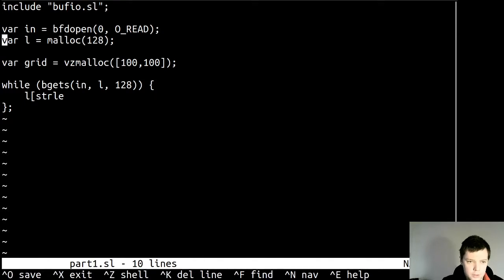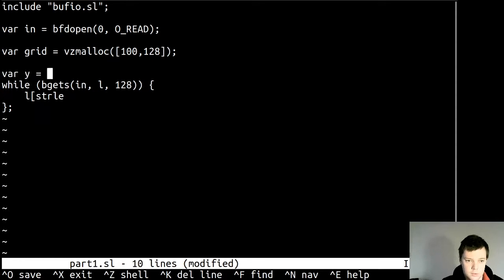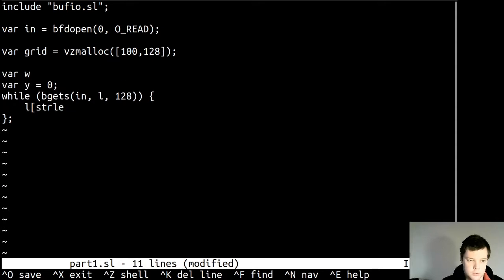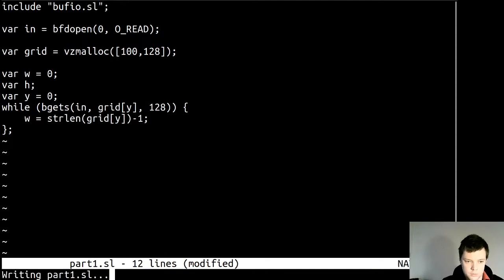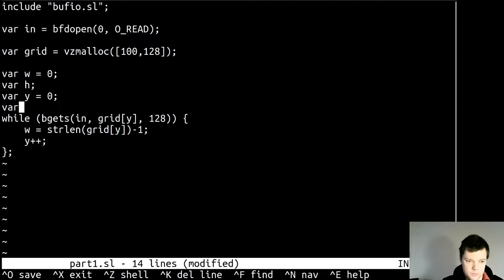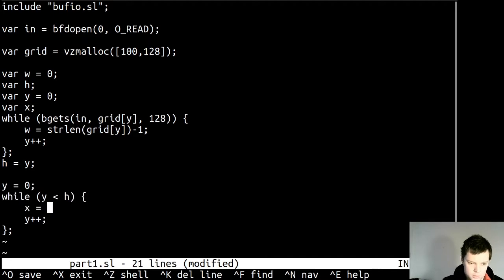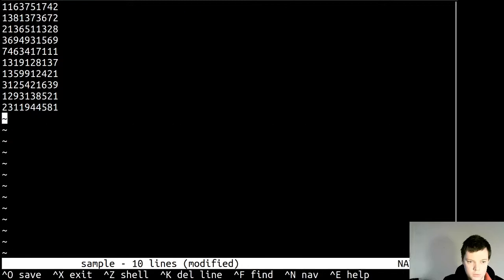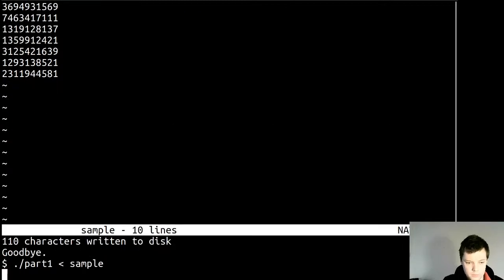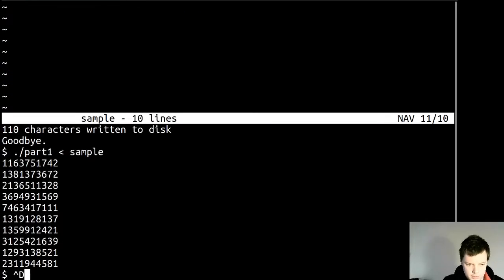So we want to, so that gives us the width and the height. And then we'll just print them out just to make sure we've read it correctly. Okay, good. We're reading in the input correctly.